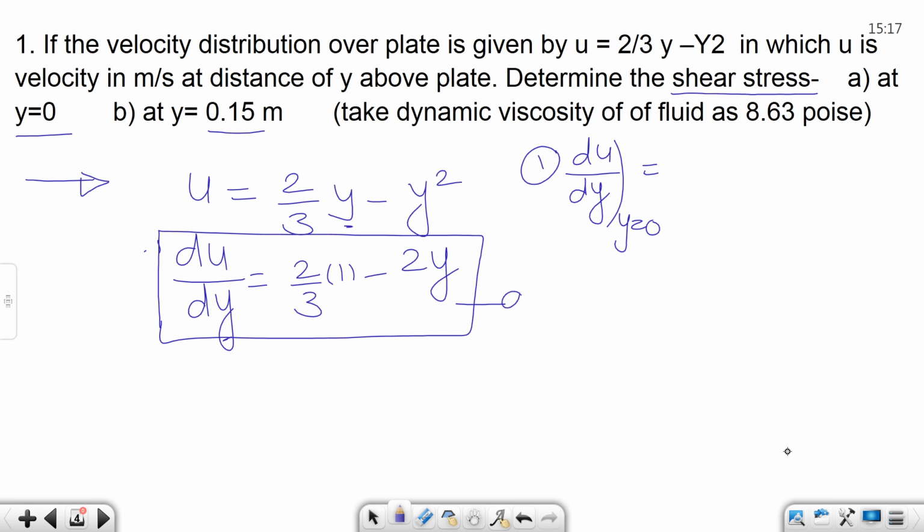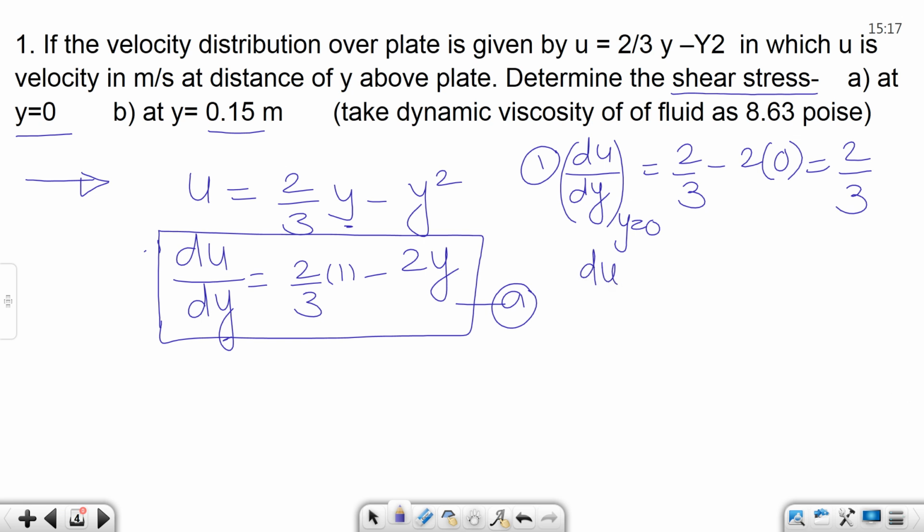Let's call this equation A. In equation A, put y is equal to 0. So 2/3 minus 2 into 0, that is simply 2/3, because minus 0. So I'll get the answer 2/3.